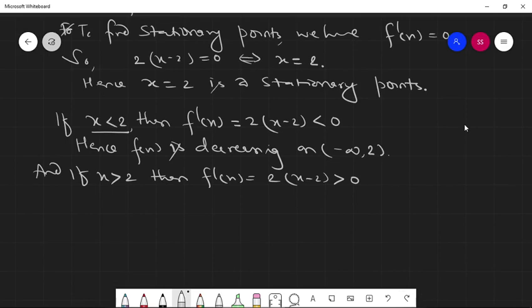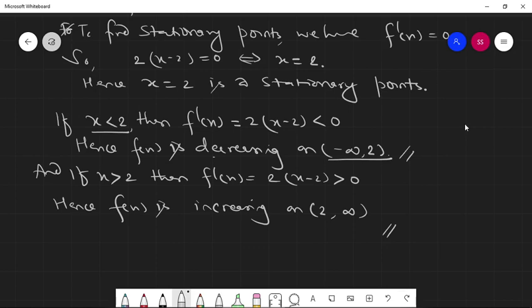So hence f of x is increasing on the interval 2 comma infinity. Yes, we find here in this interval the function is decreasing, and in this interval the function is increasing.